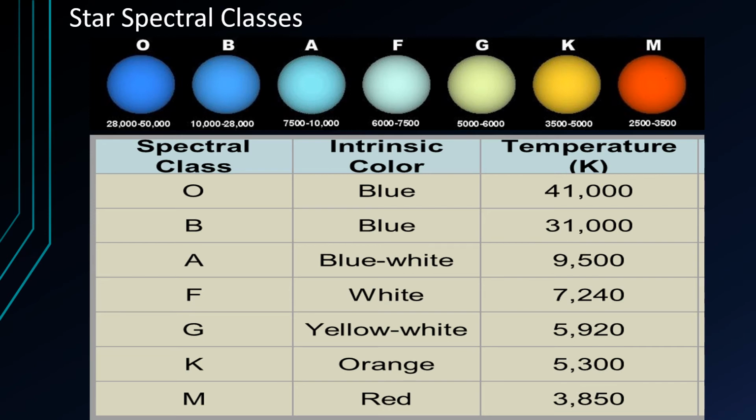So our intrinsic colors of blue, white, yellow, white, orange, and red. You can see the different temperatures here. So as we go up, we can see that our star would be an orangish star.